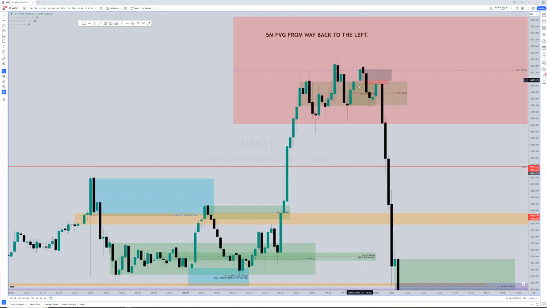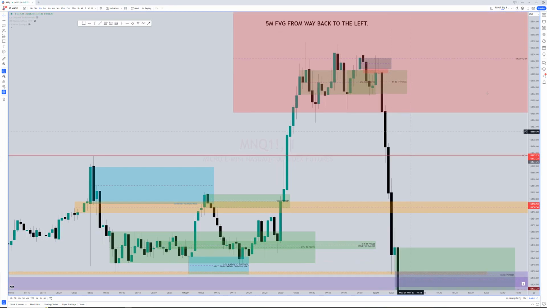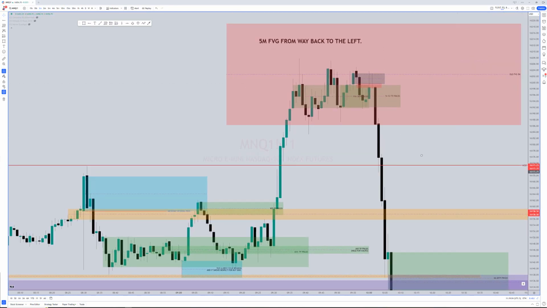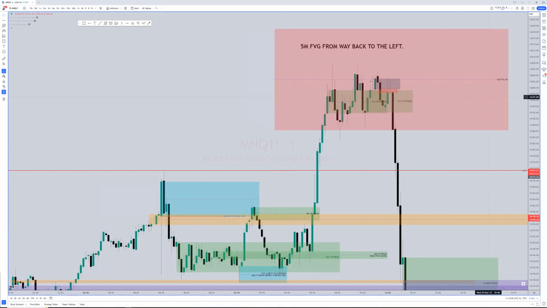Walk through the time. 51, 53. So now what are we waiting for? We're waiting for 10 o'clock. At 10 o'clock, what happens? We test fair value and order block and sharply reverse down. So if you nest all of that, you say you're in a 5-minute fair value gap.